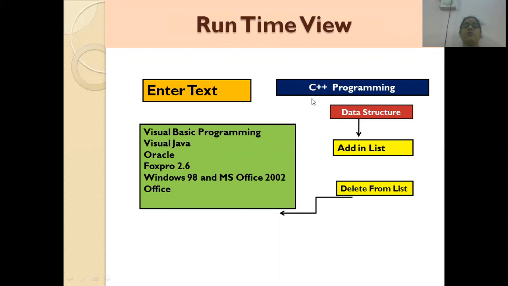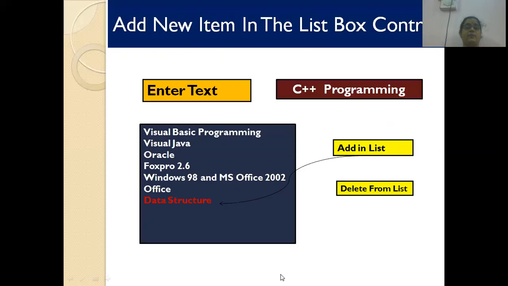This is my text box, and this is the other input which I want to enter in the list box control through this add in list button. Once I enter the input in the text box as data structure and click on the add in list button, you can see the data structure, the input which I have entered in the text box, is added here.